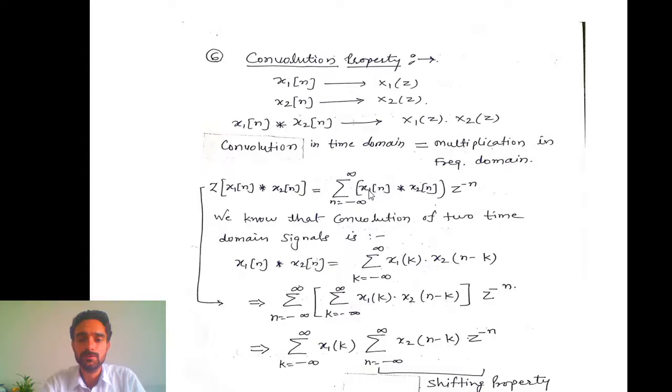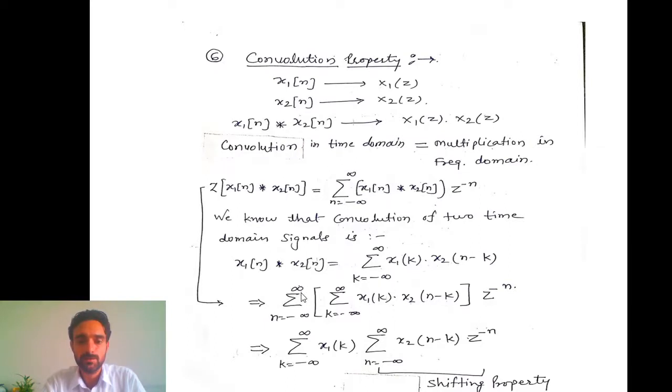This is the Z transform of the convolution of two signals, summation from minus infinity to infinity. The formula of convolution of two signals is the summation of x1 of k x2 of n minus k, which we discussed in the first unit. Just put this convolution in this equation in place of x1 of n convolved with x2 of n.